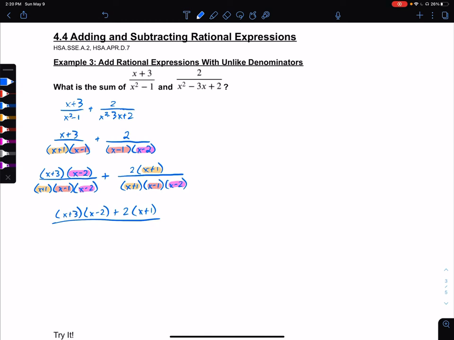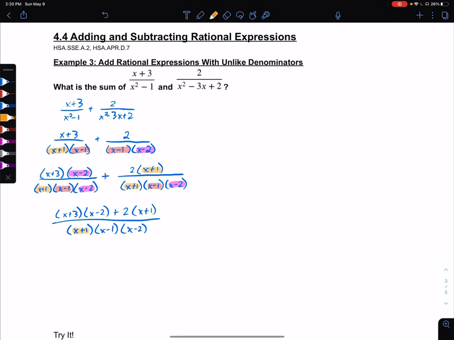If this was a subtraction problem, I would have to be careful about how I distribute that subtraction sign. Just keep that in mind. We'll get to that in a later video, where we'll do some subtraction problems with these. And then my denominator is just going to be the LCM: x plus 1, x minus 1, x minus 2.